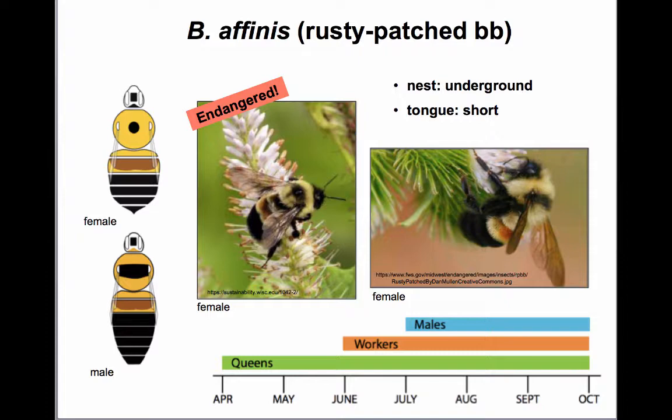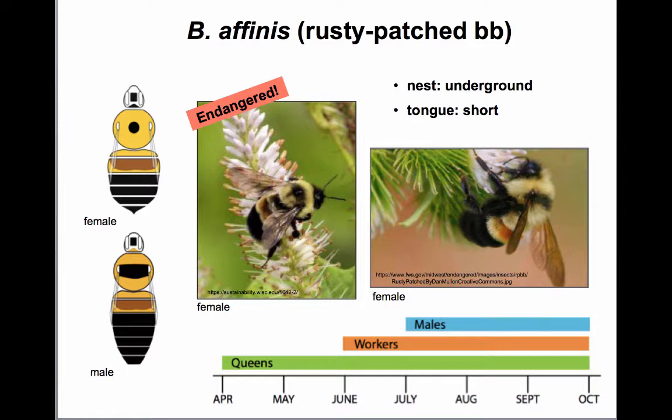If you're comparing that to Bombus griseocollis, which also has that rusty half moon shape in the center of the segment, in Bombus griseocollis it's set into a black background, but on Bombus affinis, there's yellow neatly surrounding that rusty colored patch. This one has a short tongue, a little bit different than the others that we've looked at so far, which had either a medium or long tongue length. Something interesting to point out.